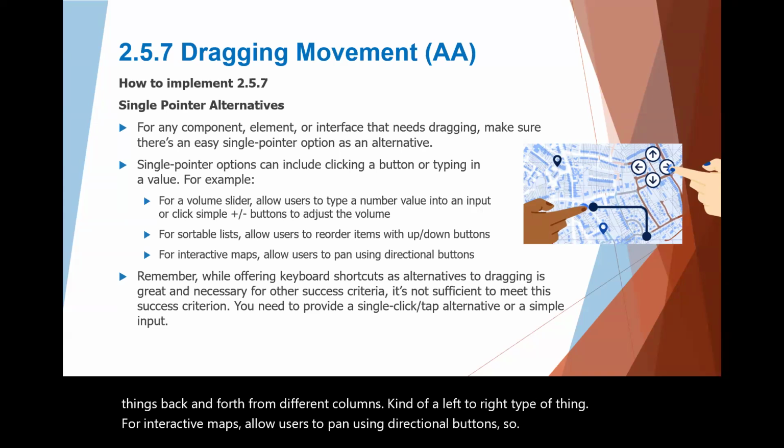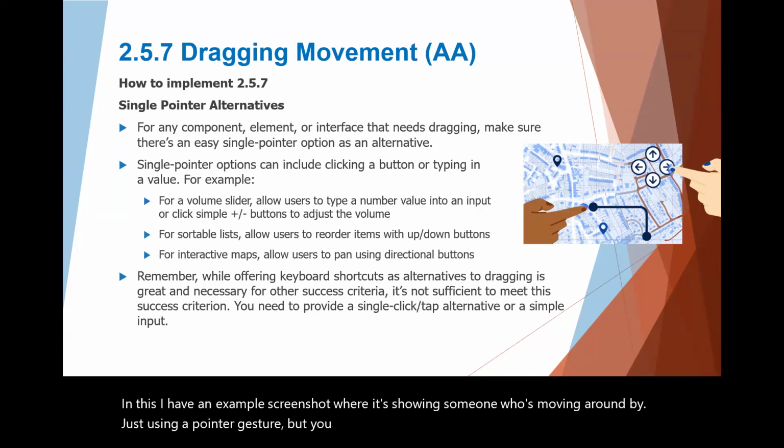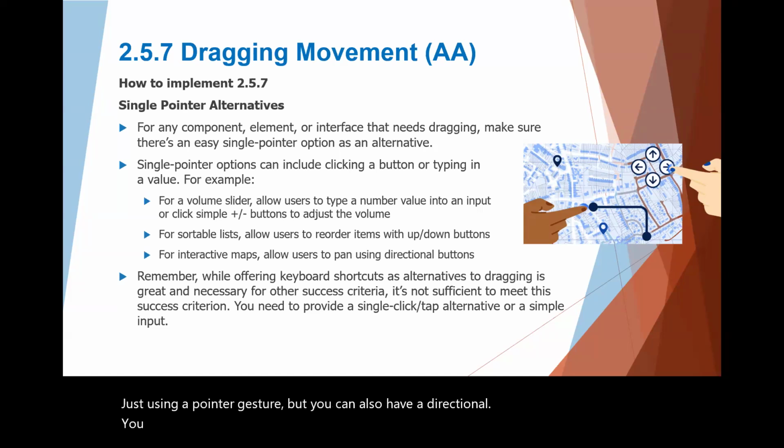So in this, I have an example screenshot where it's showing someone who's moving around by just using a pointer gesture. But you can also have a directional set of buttons, an up, down, left, and right, and those are keyboard accessible.